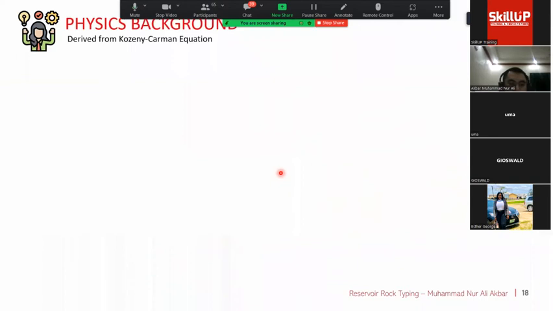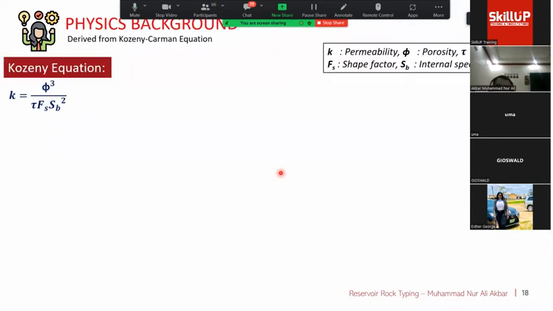So what is the physical background of the PGS? Actually, it starts from the Kozeny-Charman equation, where permeability is a function of porosity, tortuosity, pore shape factor, and specific surface area.